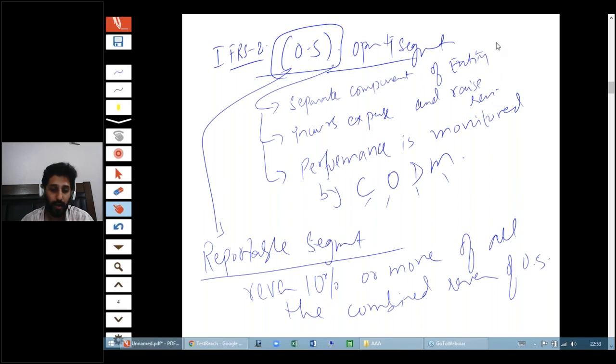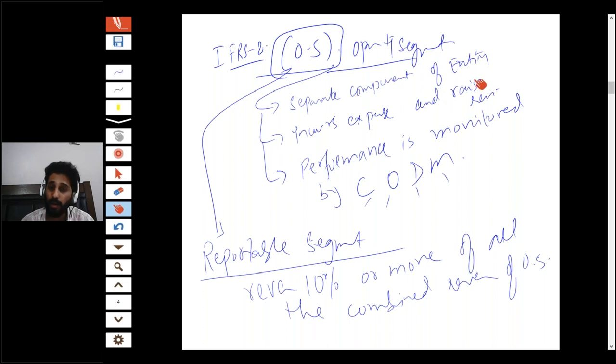So first of all, I should make clear that there is a separate component of the entity, getting separate expenses. Simply follow the requirement of IFRS 8 and you will be able to write down the procedure very simply.